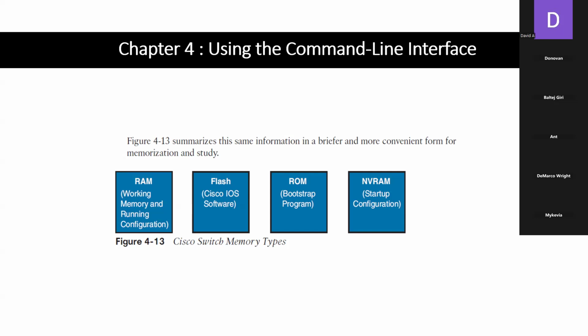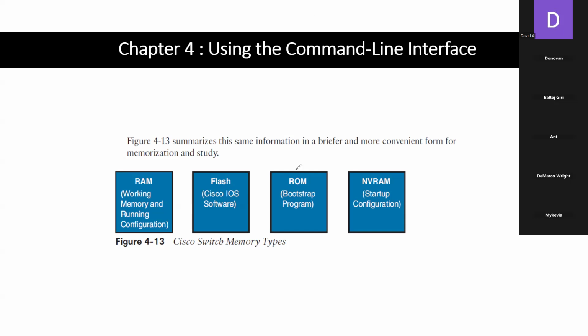Okay. Read-only memory, or ROM, stores a bootstrap or boot helper program that is loaded when the switch first powers on. This bootstrap program then finds the full Cisco iOS image. I put a little drawing for you guys.